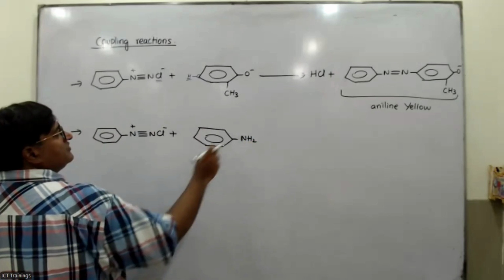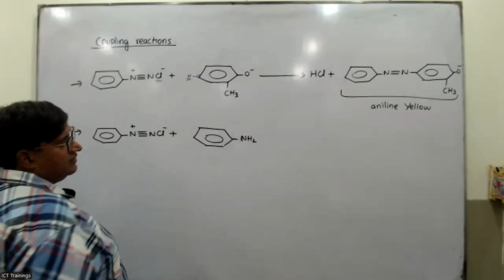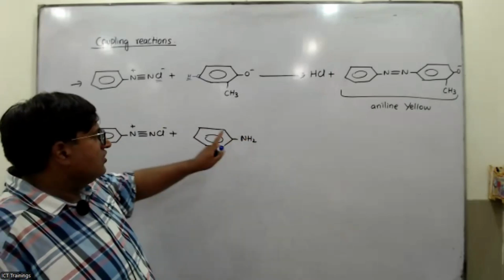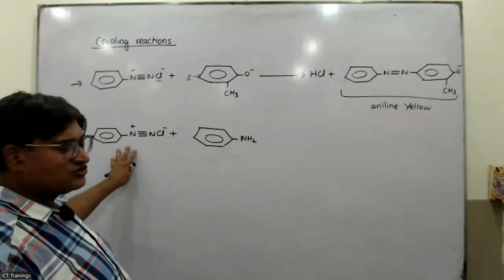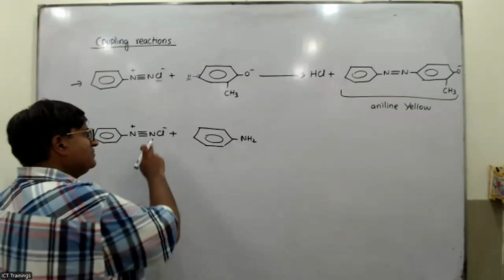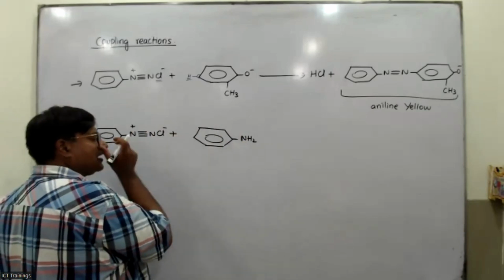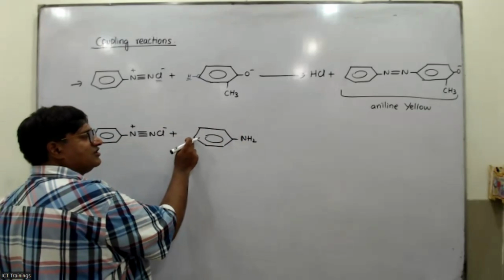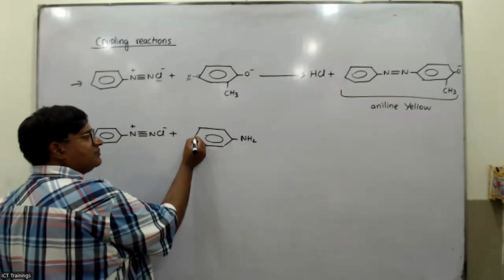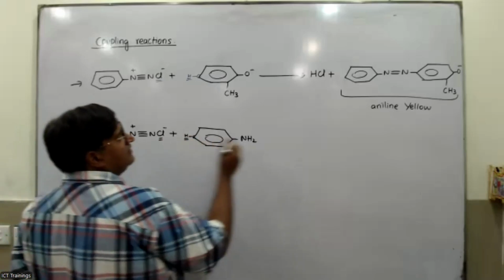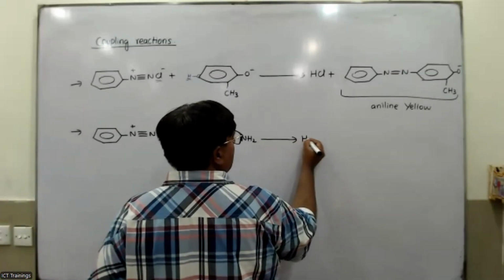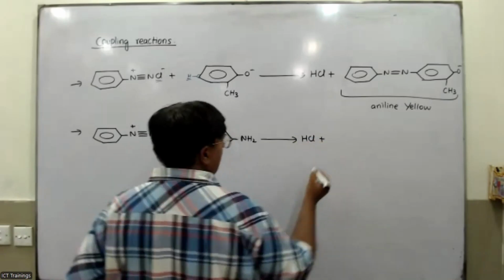So I told you the side chain of the benzene does not react with diazonium chloride. The diazonium chloride always reacts with the carbon and hydrogen present on the corners. So H and Cl are going to form HCl, and the rest of the things you have to join.